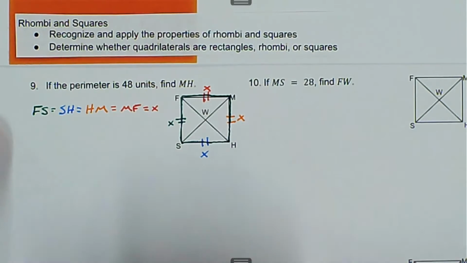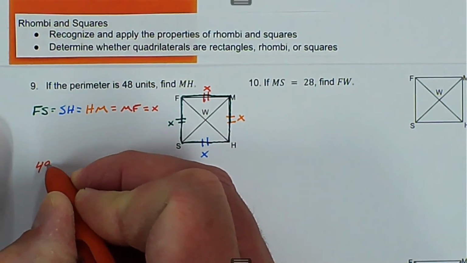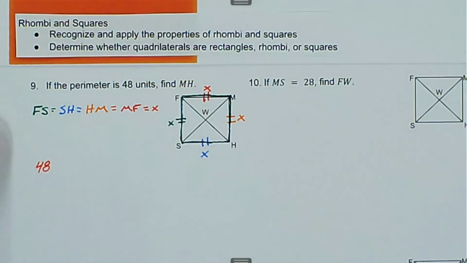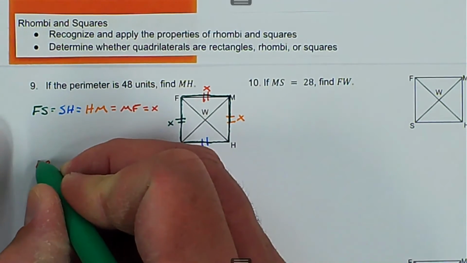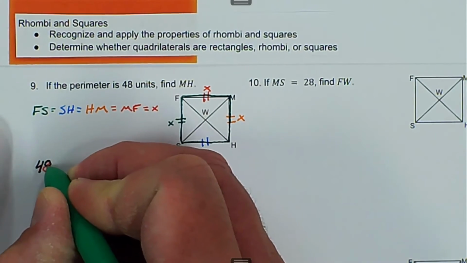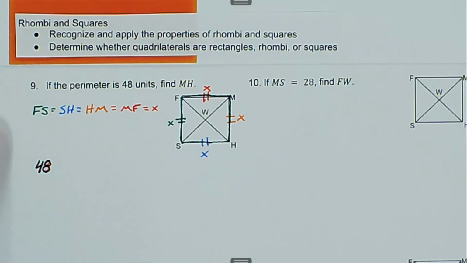So the perimeter we said was 48, because we colored around the outside in green.